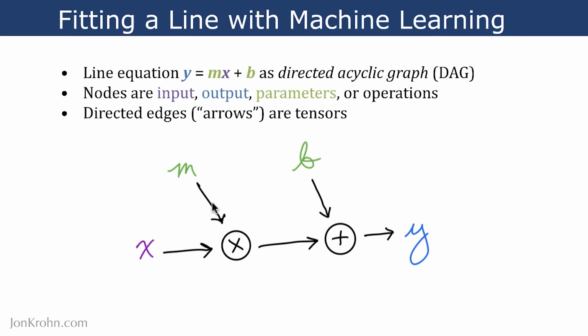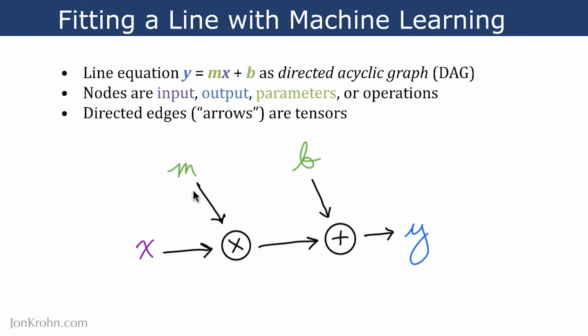In this case, we have edges that only go in one direction, and the graph as a whole has no cycles, it has no loops. So it is directed, because it has direction, acyclic, because it has no loops, and a graph because we're representing it as a graph of these tensors.